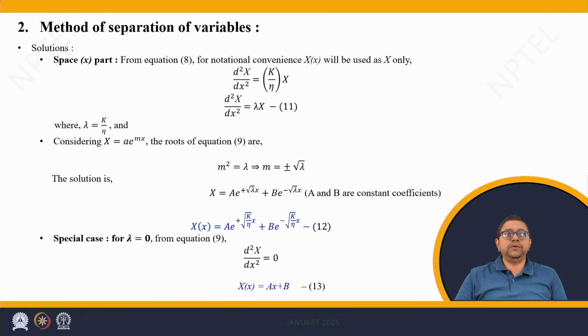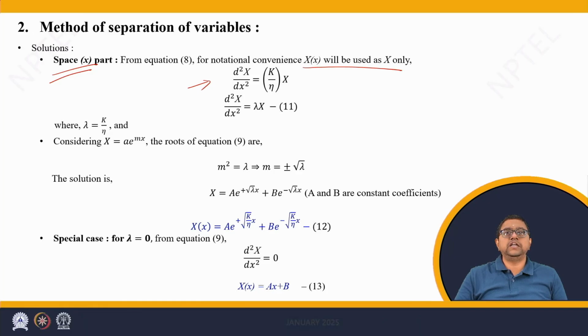Now we look into the space part. Here we will determine the function capital X. So from equation 8, for notational convenience we will be using capital X only in place of capital X as a function of x.